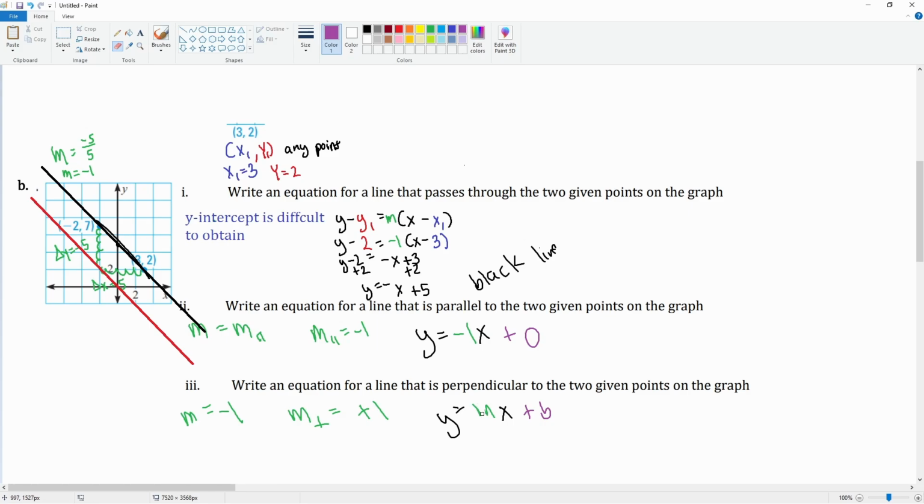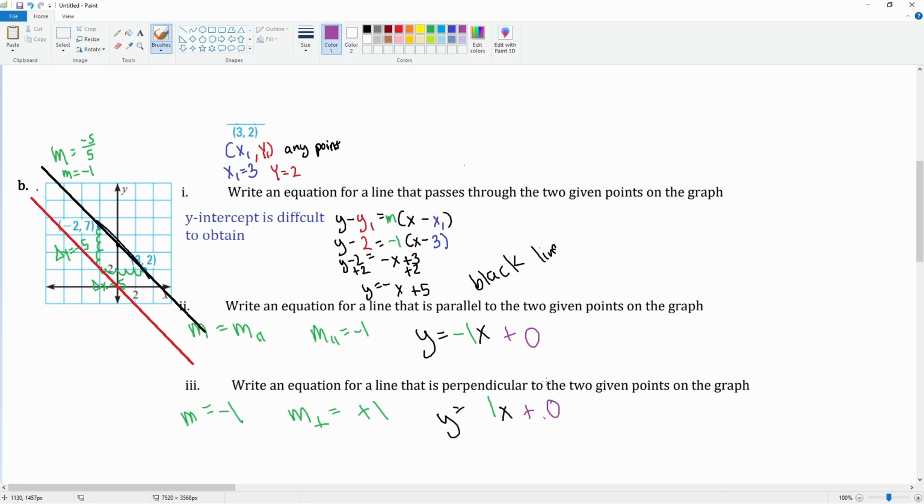The slope is a positive 1, and the y-intercept can be anything that you want. I'm going to make my life easy and make the y-intercept also equal to 0. Let's see if that makes sense.